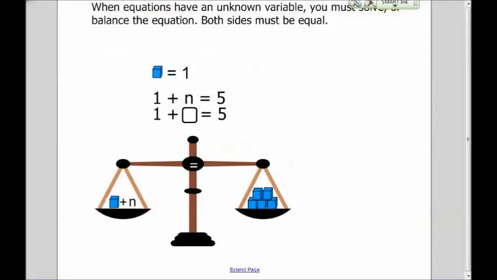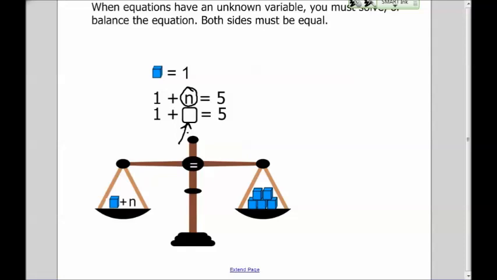When there's a variable, and remember, the variable is the letter, I have to decide what number would go in that variable, which is the same thing as an X or a box from when you were in primary, so that it balances.